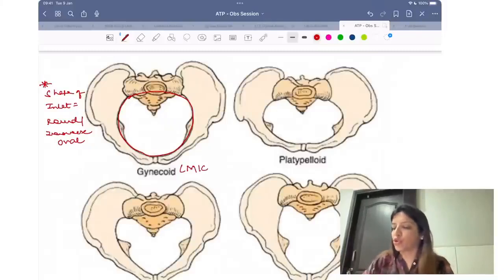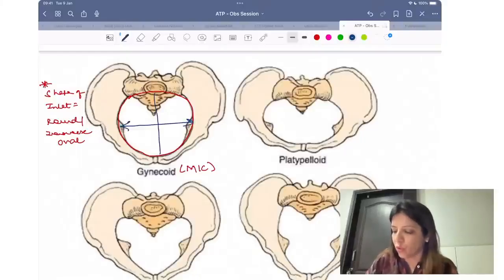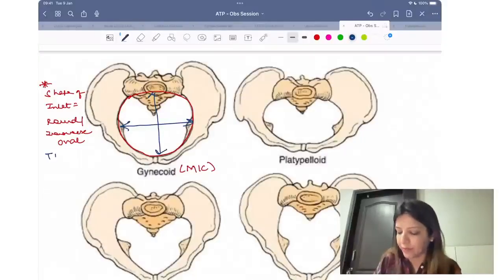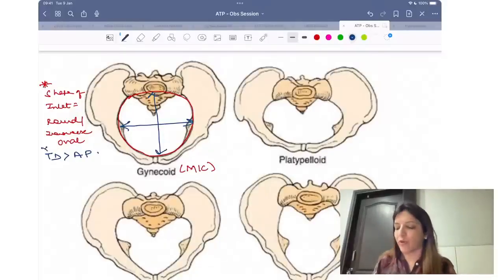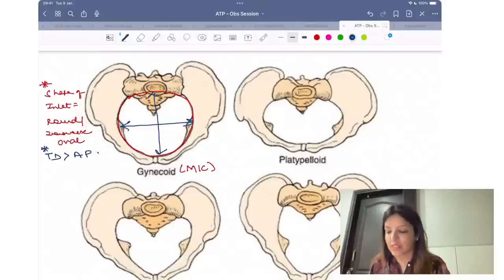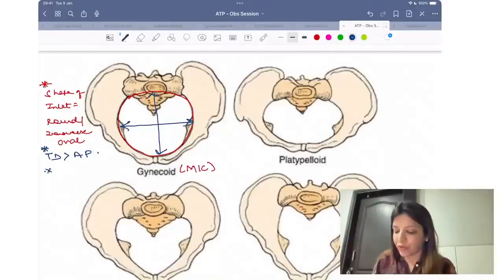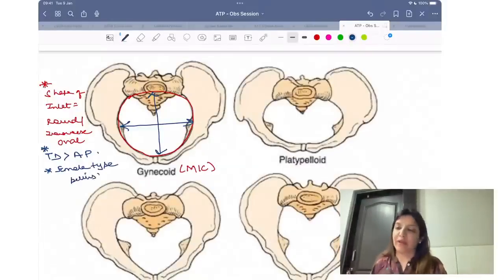Gynecoid pelvis is the most common variety of pelvis. In gynecoid pelvis, the transverse diameter is more than AP diameter. Next important point about gynecoid pelvis is that this is the female type pelvis.